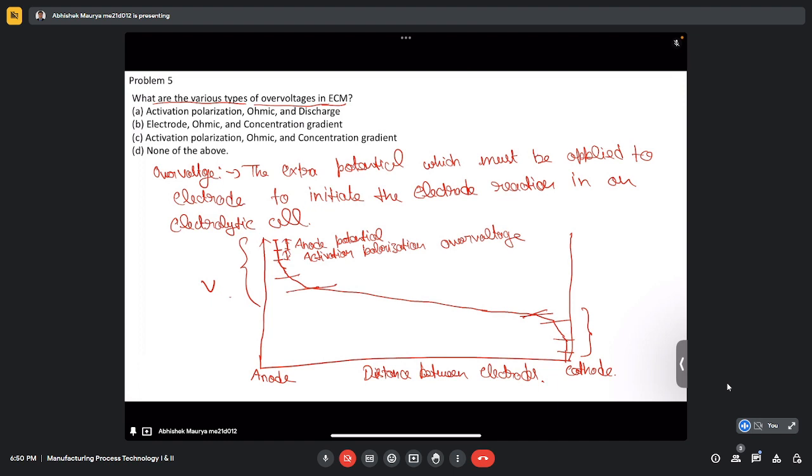And after this there is something called ohmic over voltage. And there is another over voltage, called the concentration polarization over voltage.